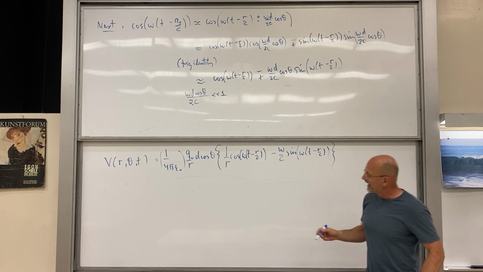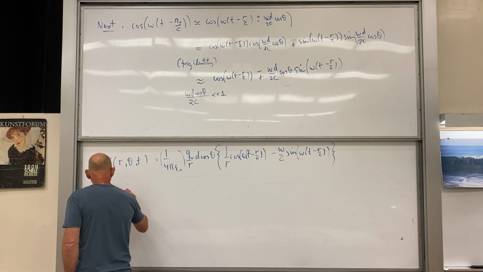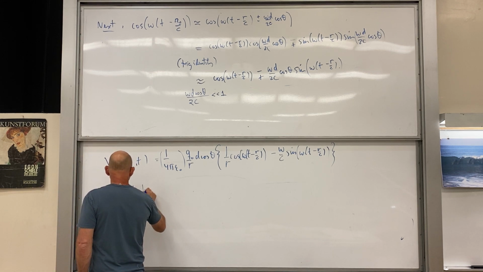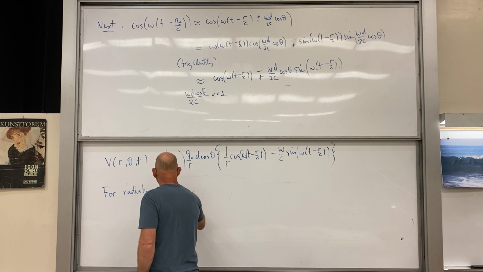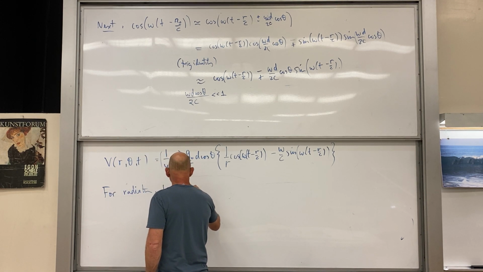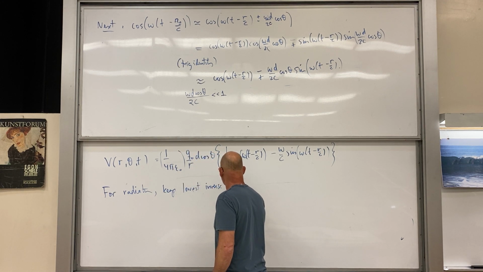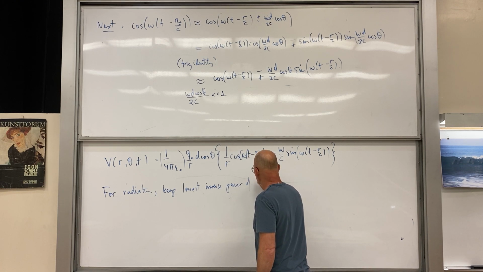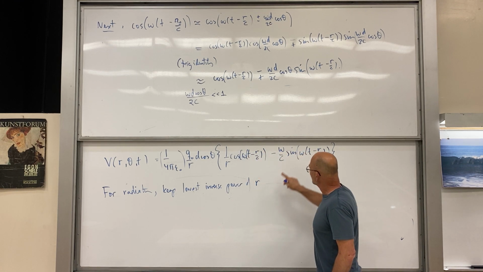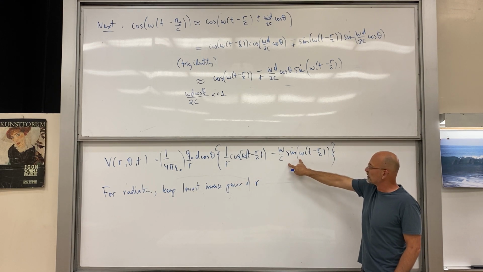So for the radiation, as we had seen before, we only keep the lowest inverse power of r, so that we drop this one compared to this one.